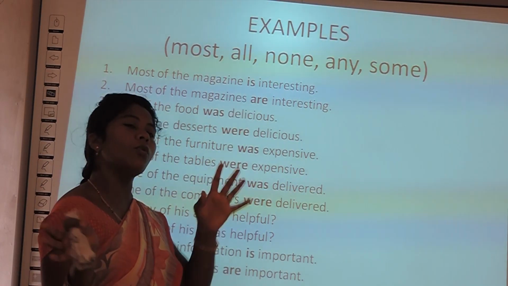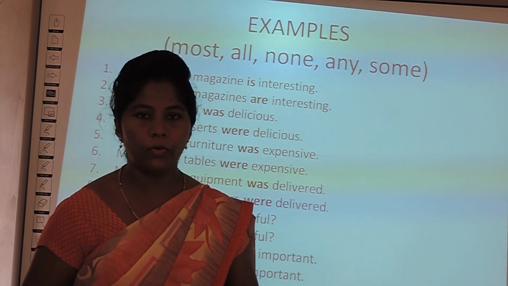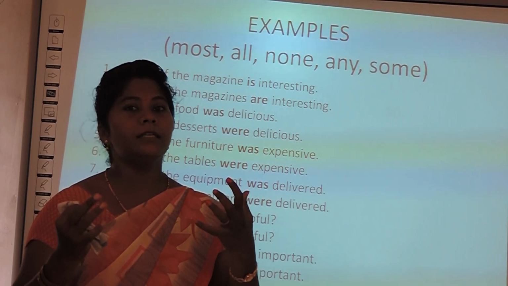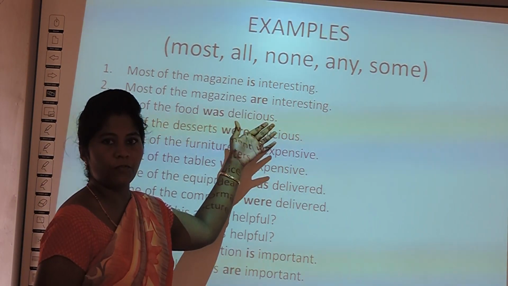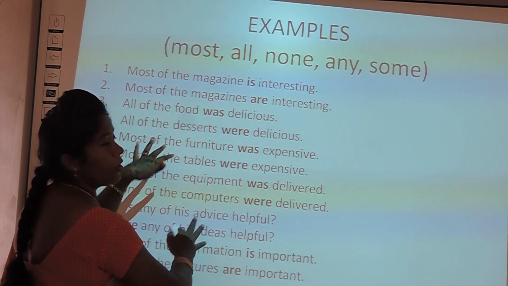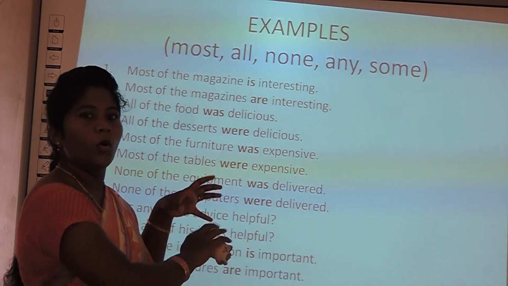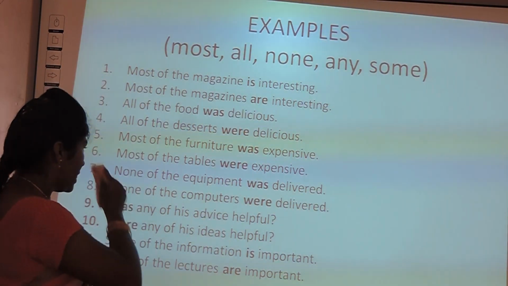So please don't get confused that countable nouns are always plural. Whenever we have a countable noun, we have to find out whether it is in the singular form or in the plural form. Here I have taken the contrast, and I have taken all the countable nouns in plural form only to make the concept clear. Okay. Next.